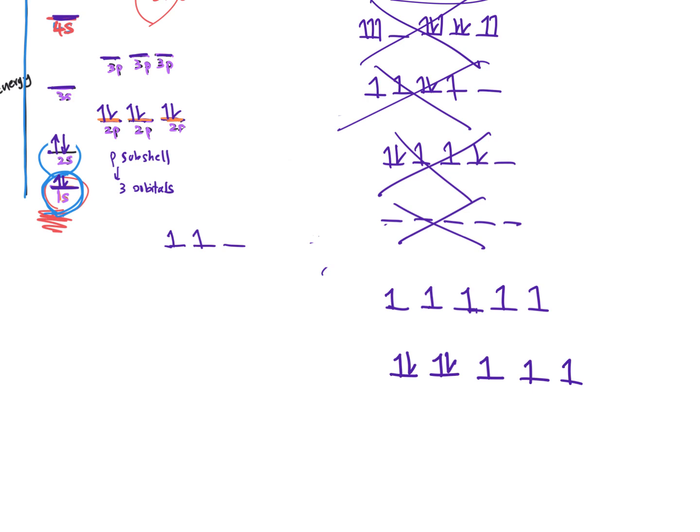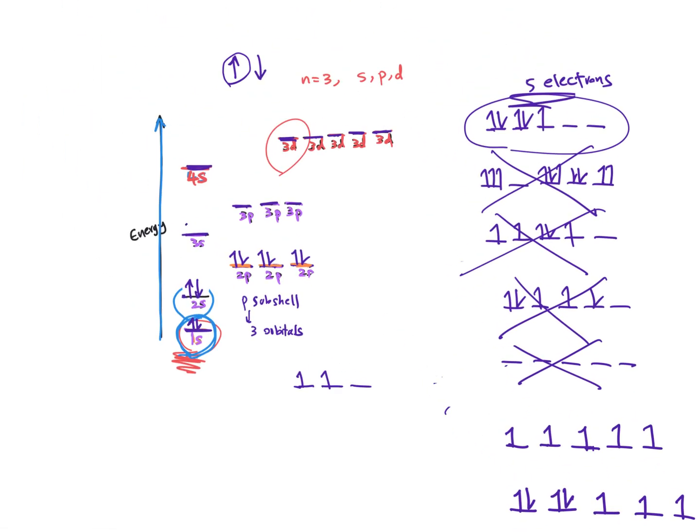And that I call Hund's rule, which says when filling orbitals of equal energy, we fill the orbitals with electrons singly first, then pair them up.